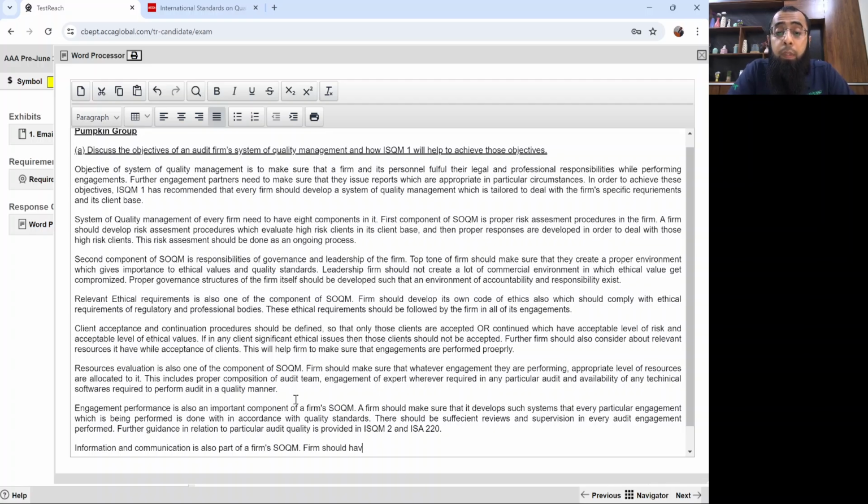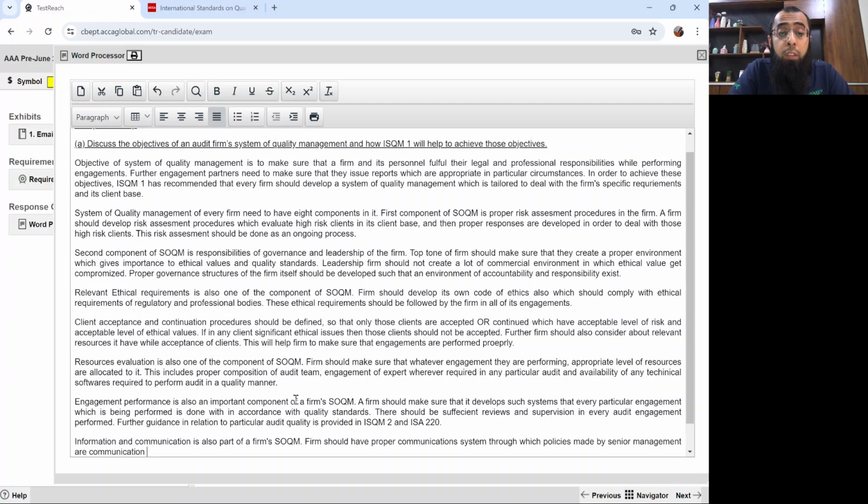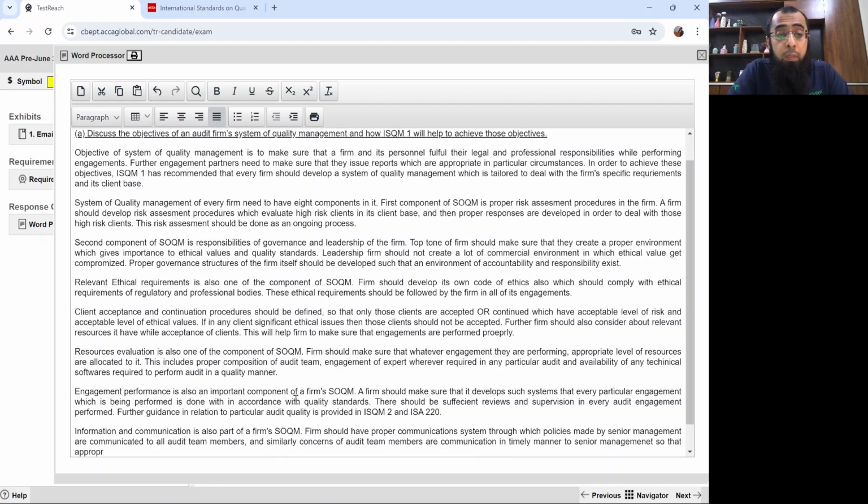Firms should have proper communication systems through which policies made by senior management are communicated to all audit team members, and similarly concerns of audit team members are communicated in a timely manner to senior management so that appropriate actions can be taken on it.